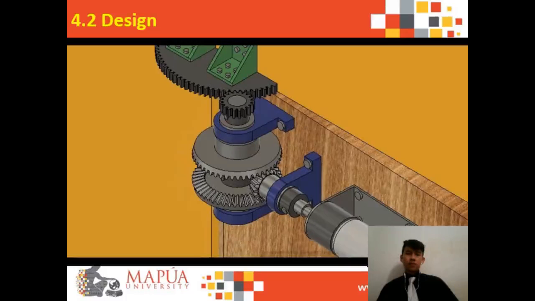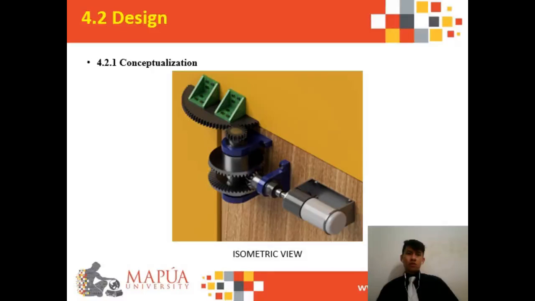So for the next slide. This is the isometric view. Let me point out where the driving shaft is. This is the driving shaft, this is the spur gears, this is the bevel gears, and this is the generator shaft.